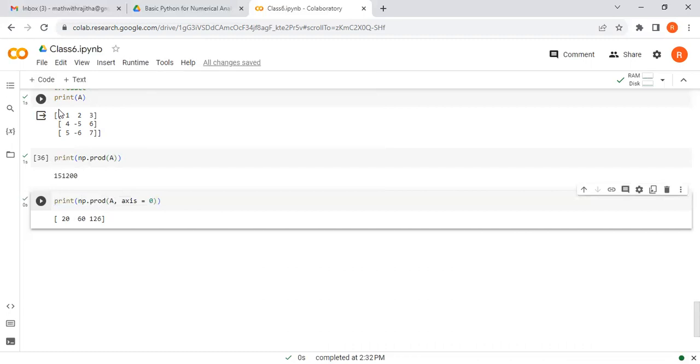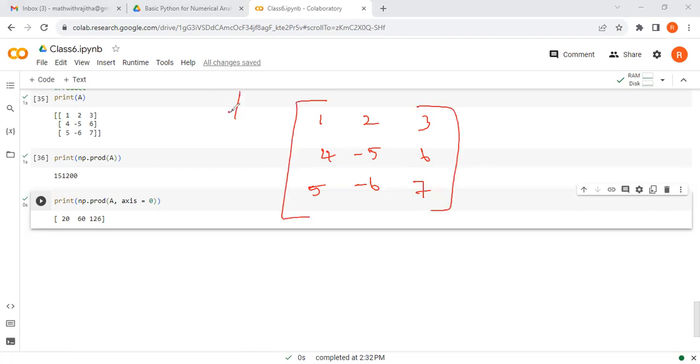If you multiply in the axis 0 direction, with 1, 2, 3, 4, 5, 6, minus 5, 6, 5, minus 6, 7, you get the first entry, 1 multiplied by 4 multiplied by 5, which is 20. Same with this, 60, and 126. 3 multiplied by 6 multiplied by 7 is 126. So you get that one.